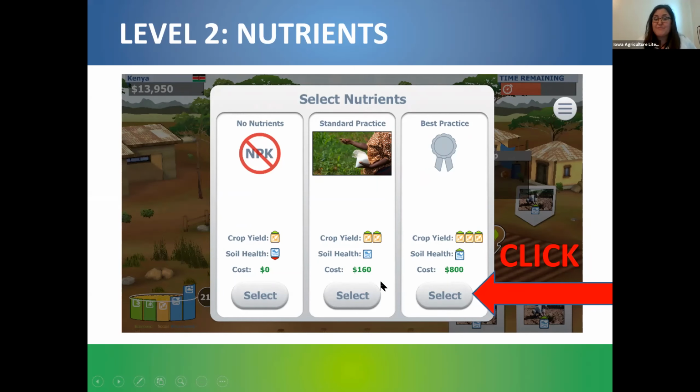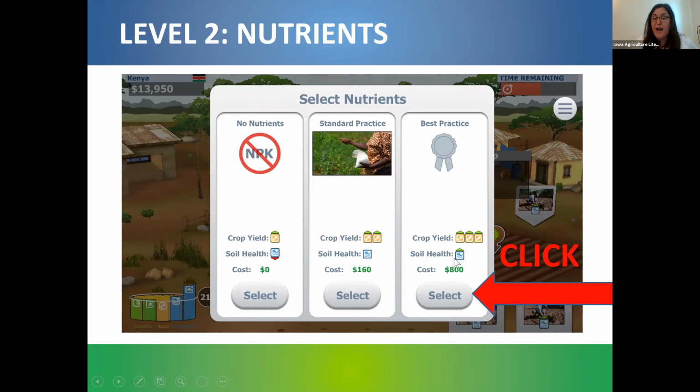Well, when you can, that's best. But look at the price difference. No nutrients is $0. Standard practice is $160, but best practice is $800. So depending on what their sustainability barrel looks like and how much money they have, actually the best choice might be the standard practice.